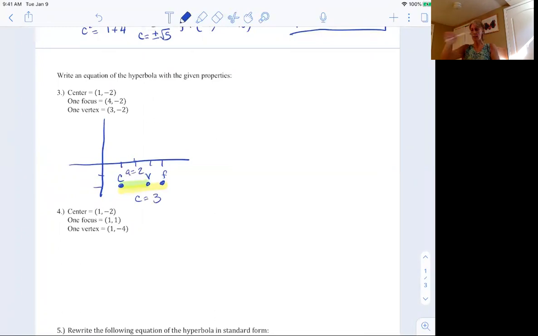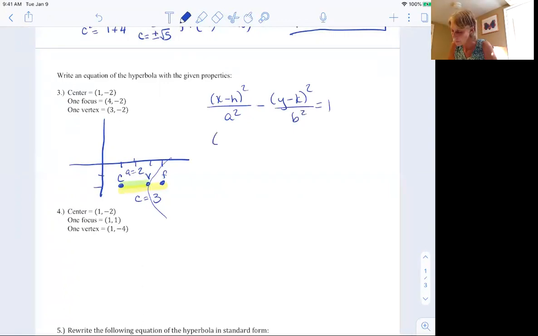Our hyperbola, if we were to graph this, it's going to be an x version, right? Where the x is the positive term. X minus h squared over a squared minus y minus k squared over b squared equals 1. Now we're going to slowly start putting this information together. X minus 1 squared. A is 2, so a squared is 4.